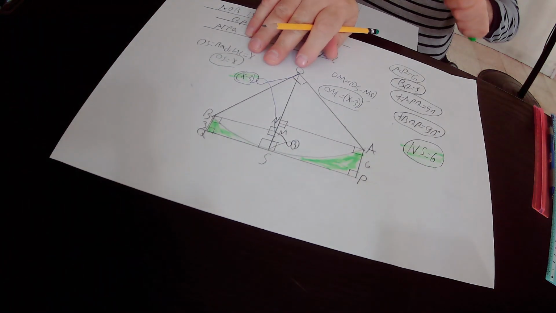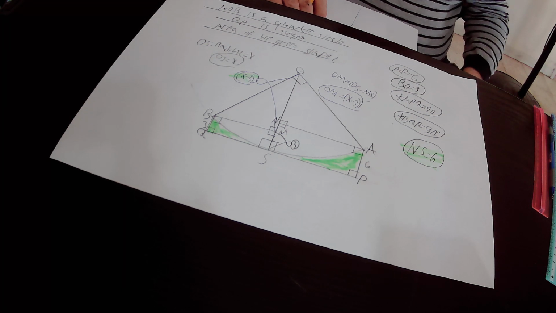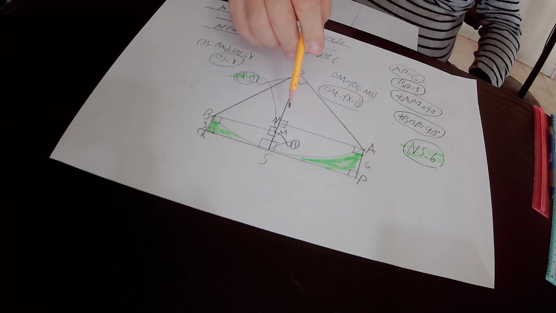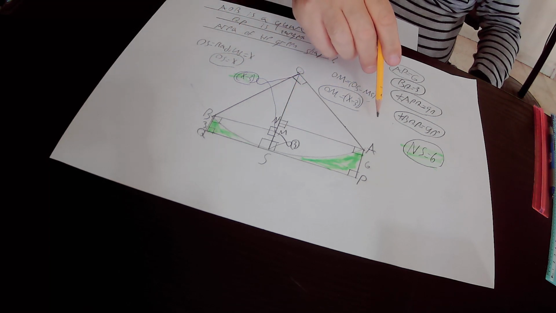We also have the rule that the opposite sides of a rectangle are parallel to each other. So in rectangle ANSP, side NS is parallel to the opposite side AP.